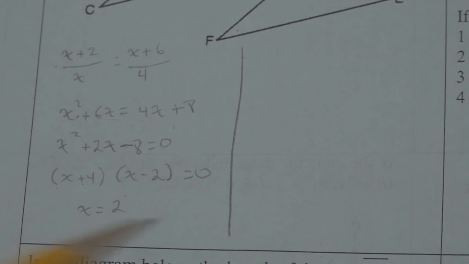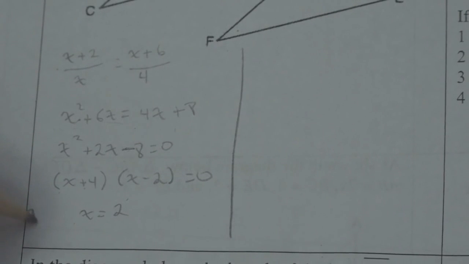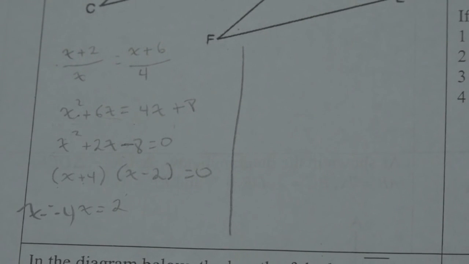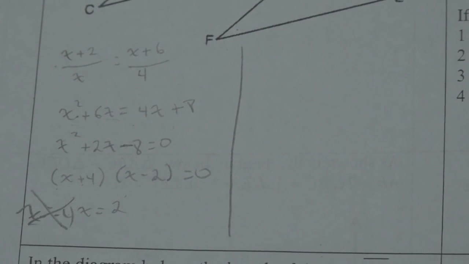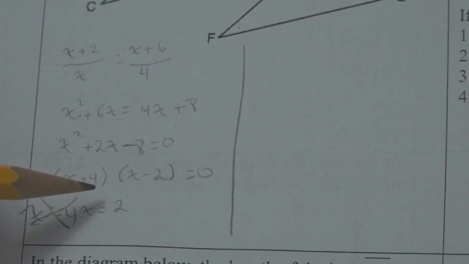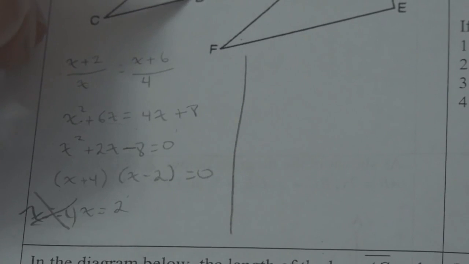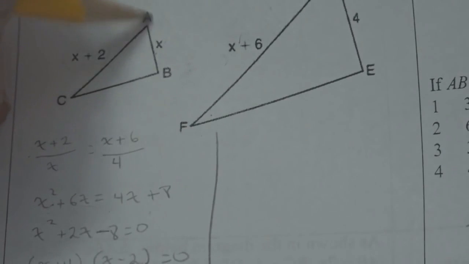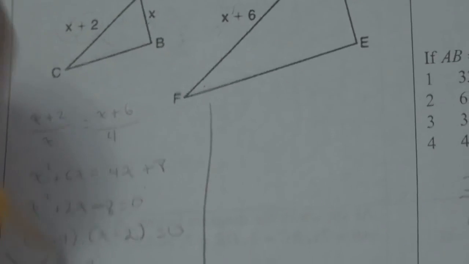Then x equals negative 4 and x equals positive 2. We reject the negative answer because distance cannot be negative, and basically the length of AB is what they wanted. AB is x, so the value of AB is 2.